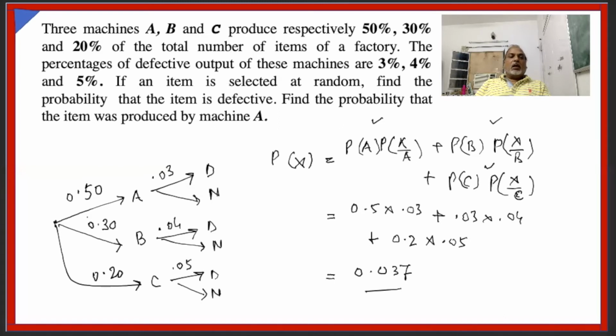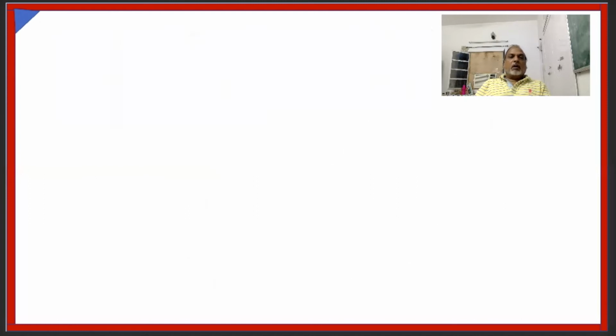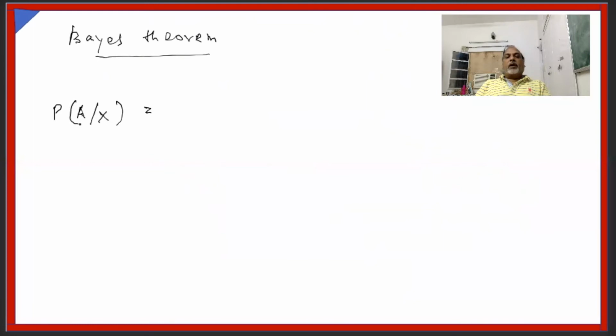Now let us go to the second part where Bayes' theorem will work. What is basically Bayes' theorem? Now, if the item is from A, this is what is asked, correct? X is a defective item, A is the factory.